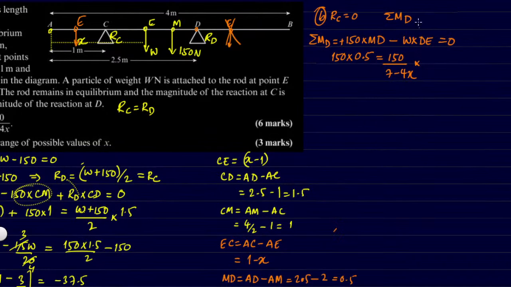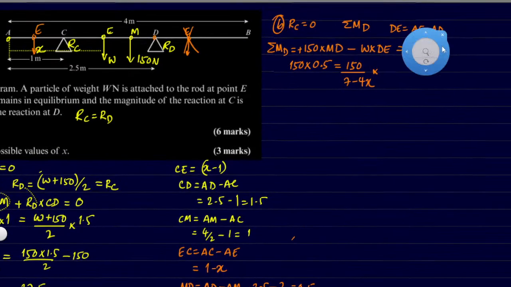D to E. So from D to E, that means this value, that is AE minus AD. AE value we are taking as X, minus AD value is 2.5. Correct? Yes.